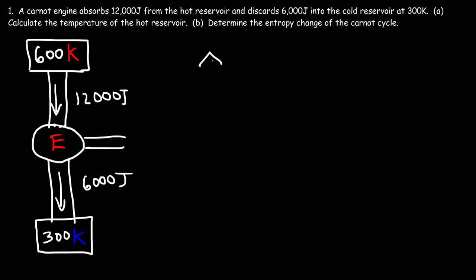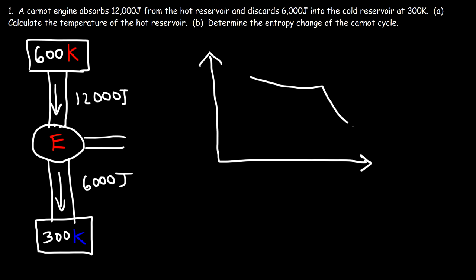So first let's draw a PV diagram. And so the Carnot cycle looks something like this. That's a rough sketch. And let's call this A, B, C, and D. And so we have pressure on the y-axis, volume on the x-axis.